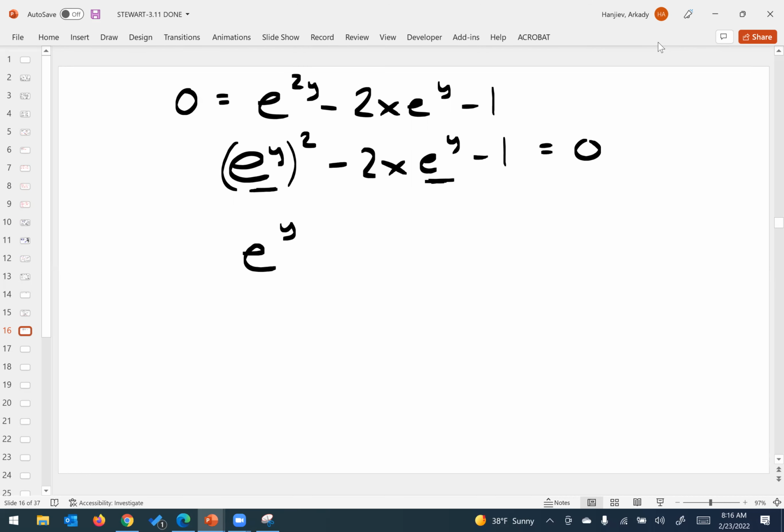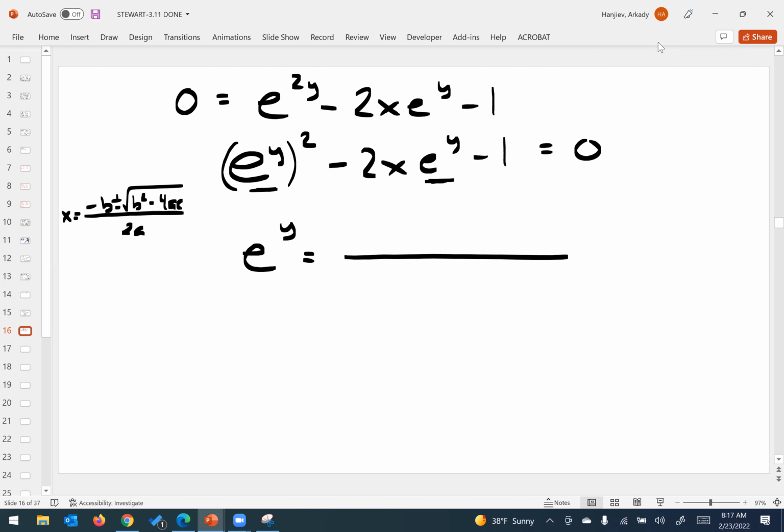So I'm going to say e to the y is equal to, you guys have to remember the quadratic formula, negative b plus or minus the square root of b squared minus 4ac over 2a.